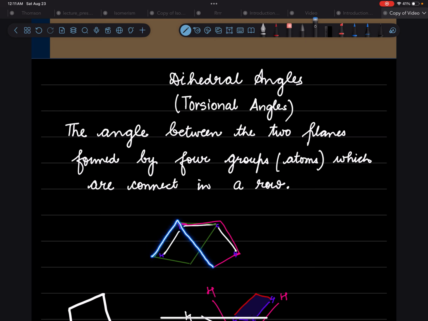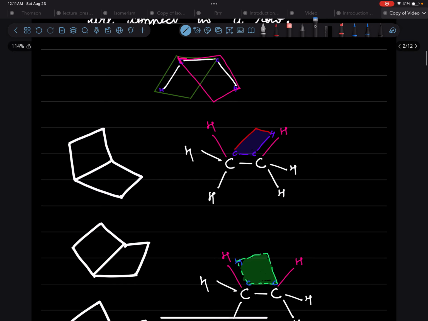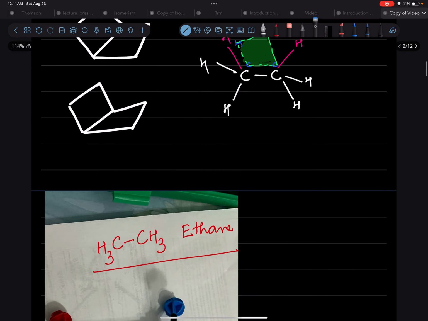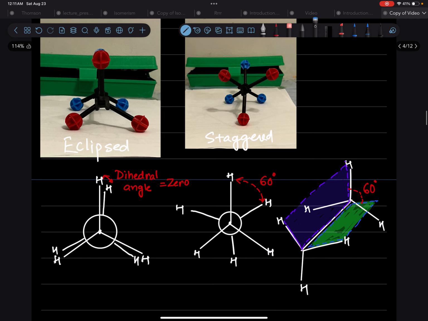It is between two planes, and it involves 4 points, and those 4 points should be connected in a row. That's the condition. So the angle between two planes formed by 4 groups or atoms which are connected in a row is called the dihedral angle. In the case of ethane, this is one plane, this is another plane, and the angle between these two planes is the dihedral angle, which we can see here.